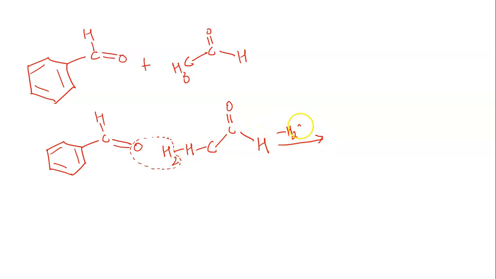So minus water, and then CH double bond C will be connected to this CH, and you can write the product: CH double bond, now this CH, C double bond O, and this H.